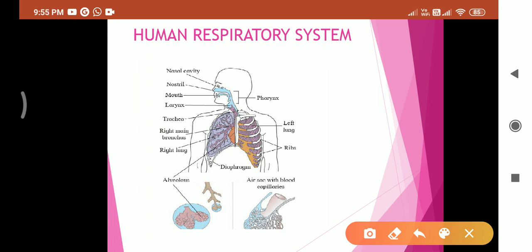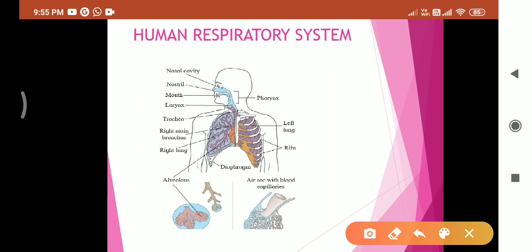The respiratory system brings about inspiration. Which processes take place inside the respiratory system? Inspiration, expiration, and exchange of gases in the lungs, right? These gases are transported by the blood from the lungs to the different tissues and parts of the body.